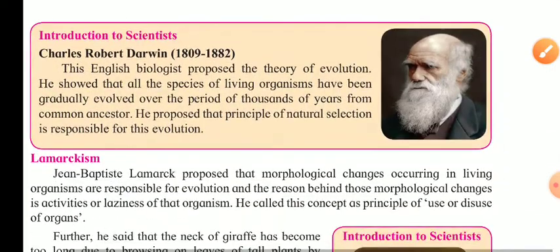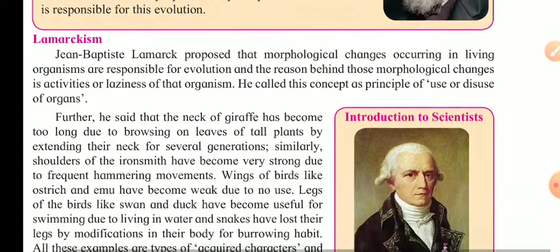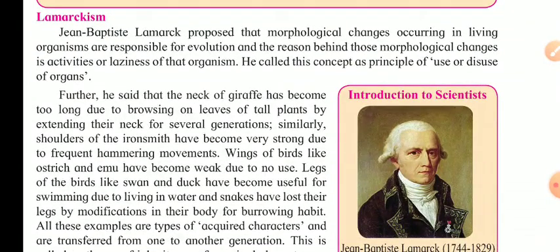Further, they have given information about Charles Robert Darwin that you can go through. Then the next is Lamarckism. Jean Baptiste Lamarck proposed that morphological changes occurring in living organisms are responsible for evolution, and the reason behind those morphological changes is the activities or laziness of that organism.